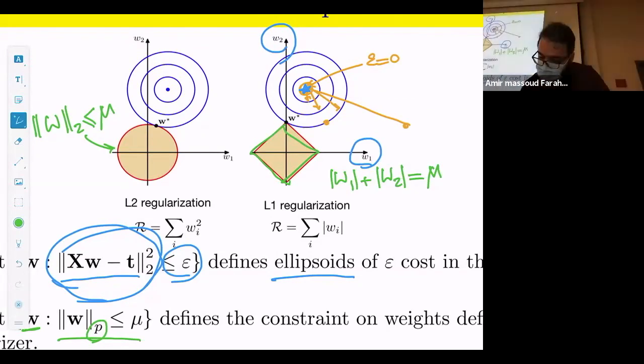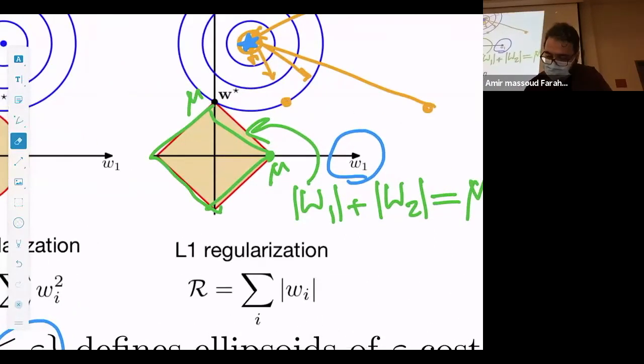It defines a line that at some value here becomes mu. If I decrease W1 by some value and want to remain on the same line, I have to increase W2 by the same amount. That's why it is a linear behavior instead of a curved one. So in high dimension, it looks like a diamond shape.